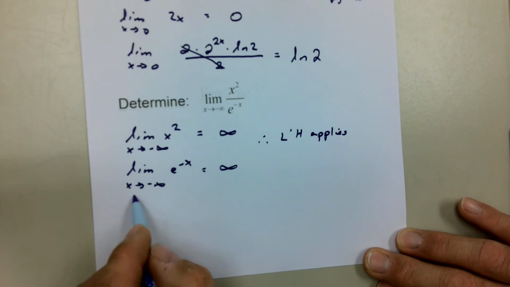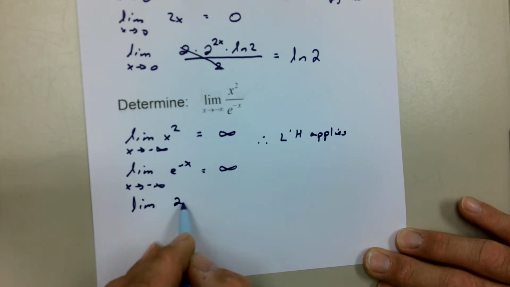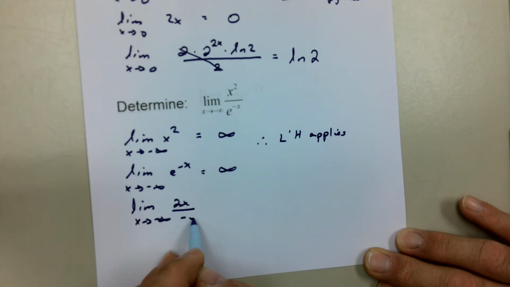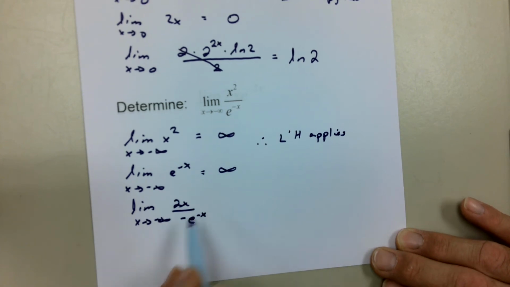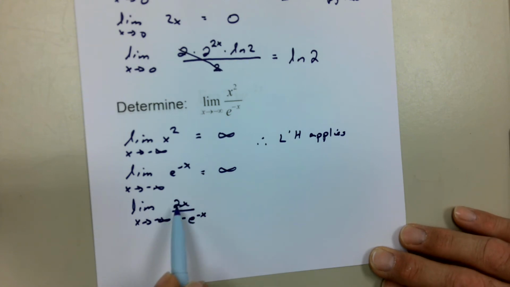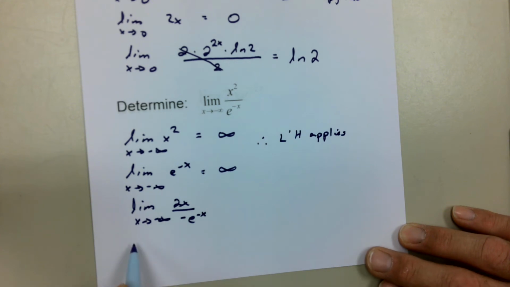So I'm taking the limit of 2x as x goes to negative infinity divided by negative e to the negative x. Again, if I plug in my negative infinity, I'm going to get a negative infinity in the numerator. In the denominator, I'm going to get a negative infinity as well.